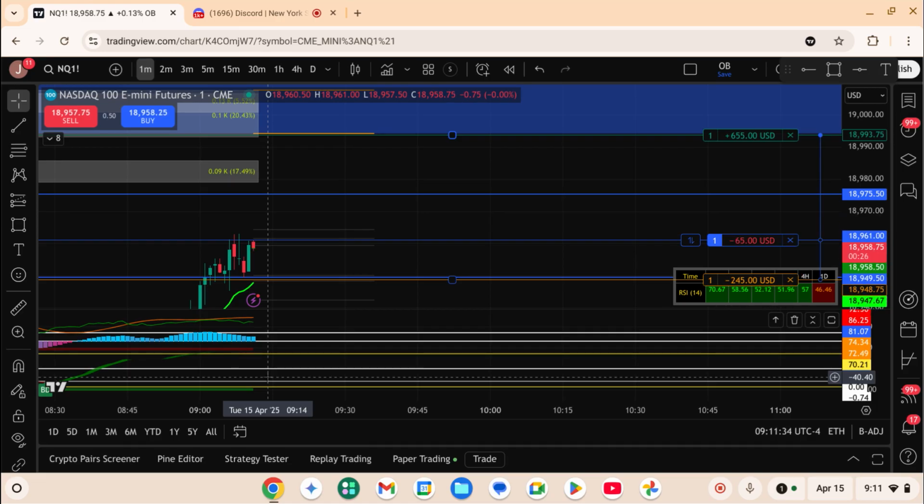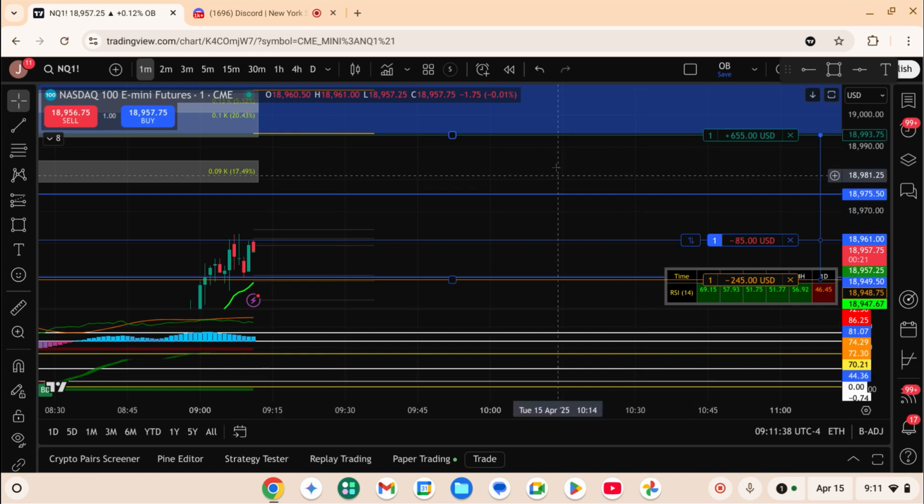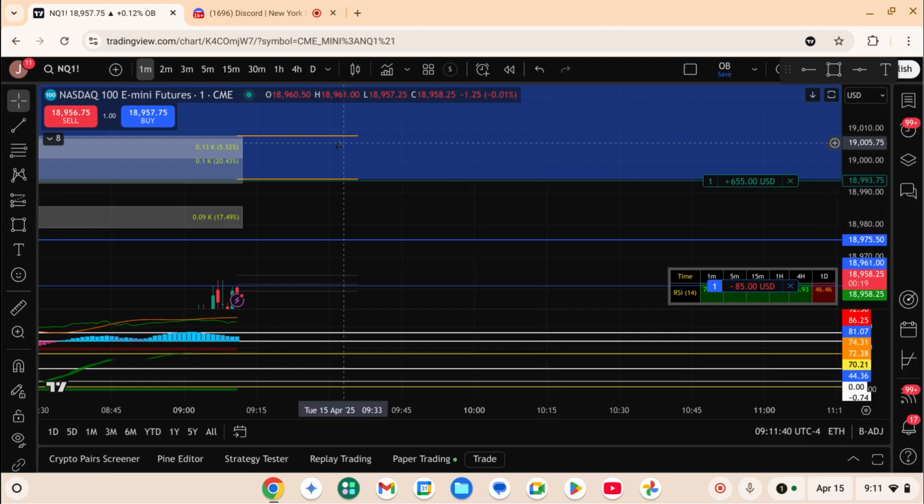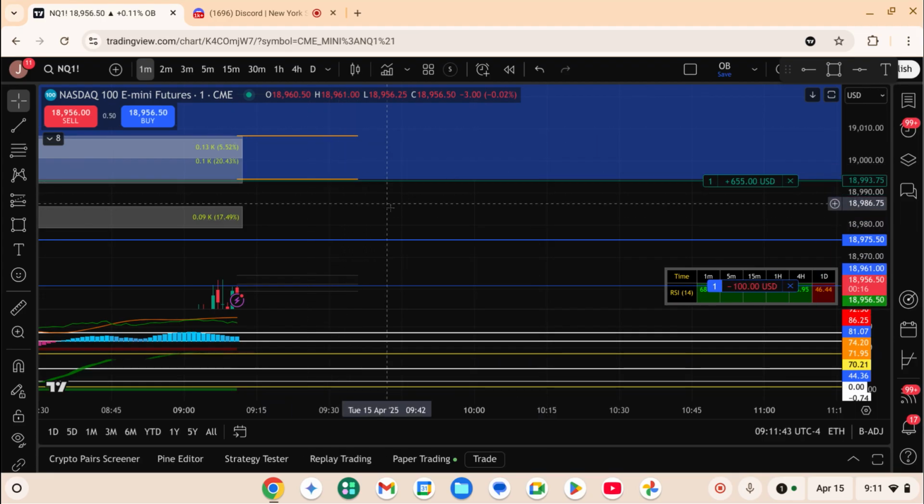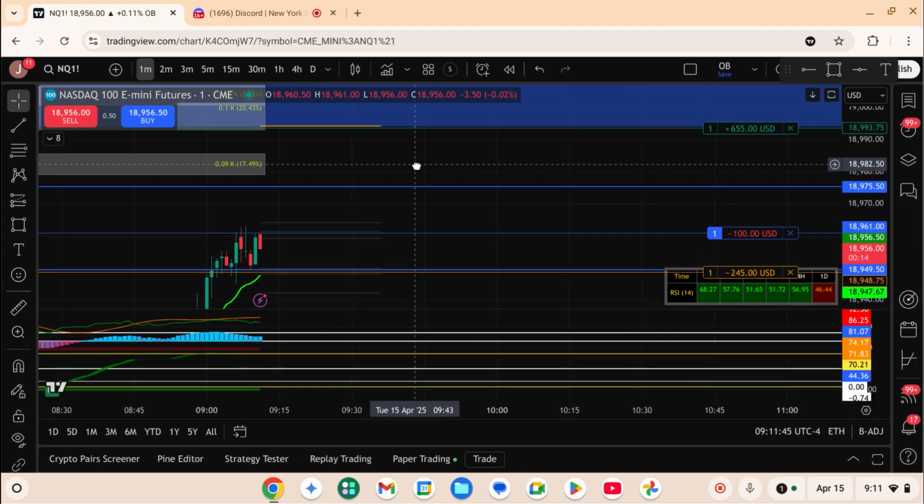And I think market open actually is going to push up here and target this order block and then drop back down.